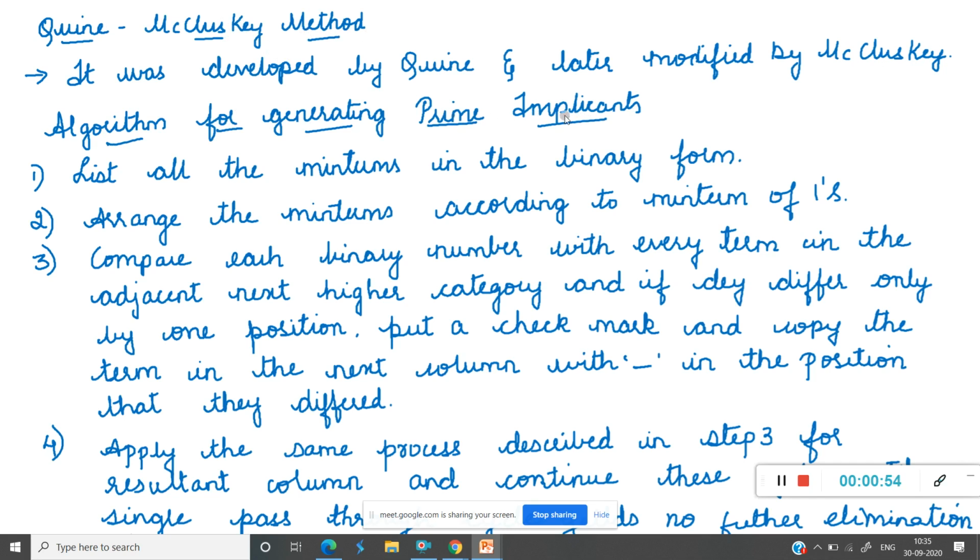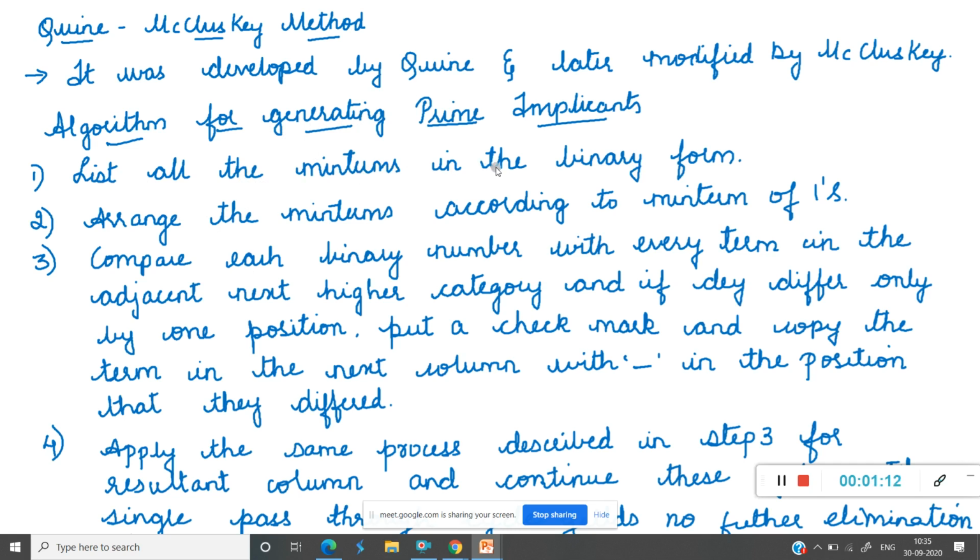How do we generate prime implicants using the Quine-McCluskey method? This is the algorithm written here. In the first step, we list all the minterms in binary form. For example, 2 means 0, 0, 1, 0.